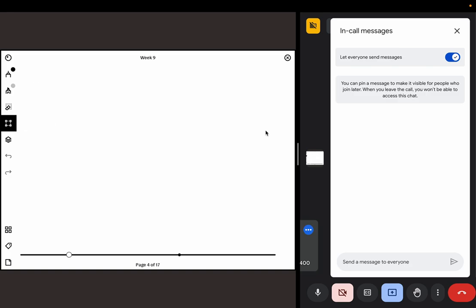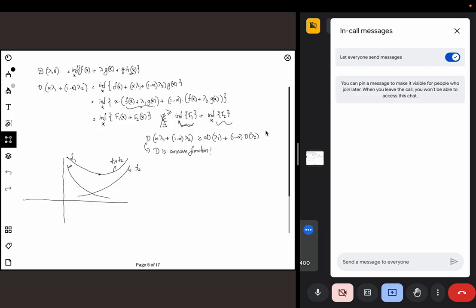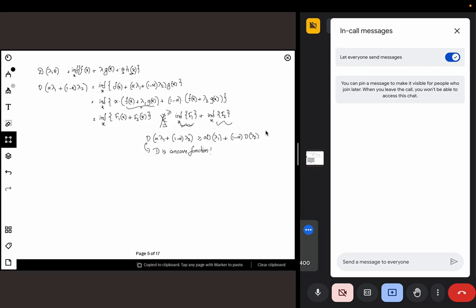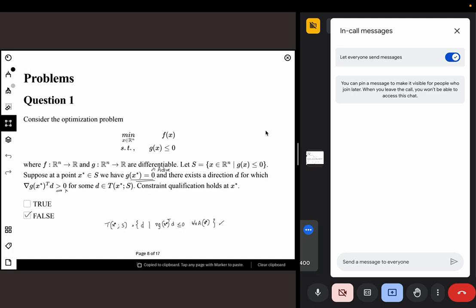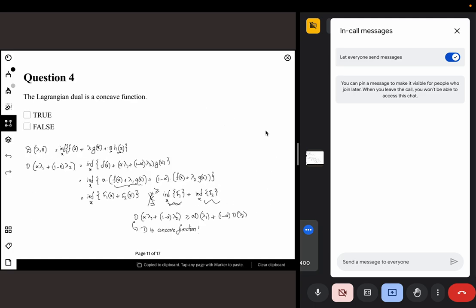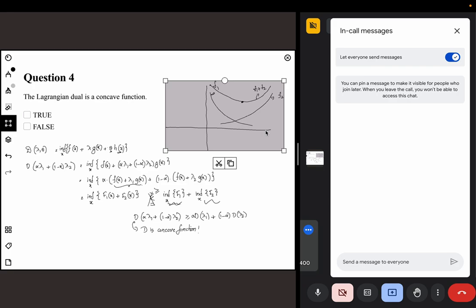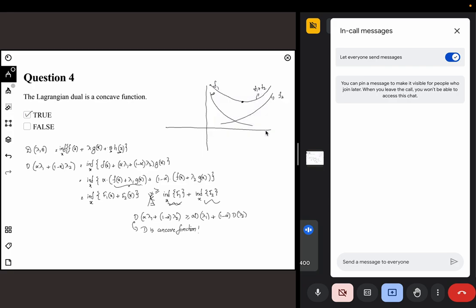Just take a second, it will be easy when you refer later. So the Lagrangian dual is a concave function, which we already discussed.